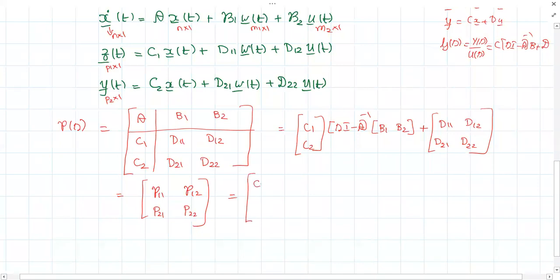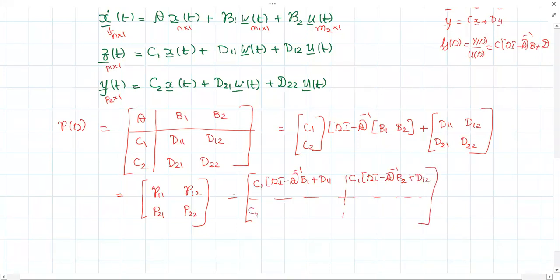So this becomes what? The first one will be C1 into (sI minus A) inverse B1 plus D11. Then the next one will be C1 into (sI minus A) inverse B2 plus D12.